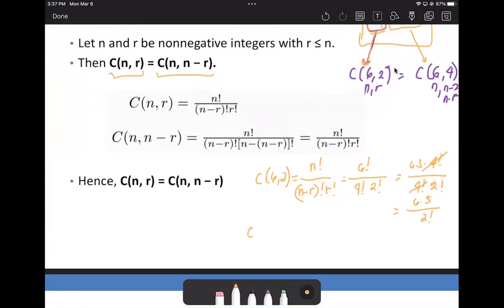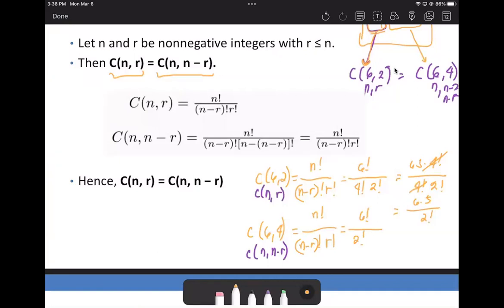So, how about for the combination of 6, 4? So, this one is for the combination of n taken r, and this one is the combination of n taken n minus r. Okay, so we will then have, rewrite natin, n factorial over n minus r factorial times r factorial. So that will be 6 factorial divided by, in this case, we have n minus r, so that will be 6 minus 4, so 2 factorial.